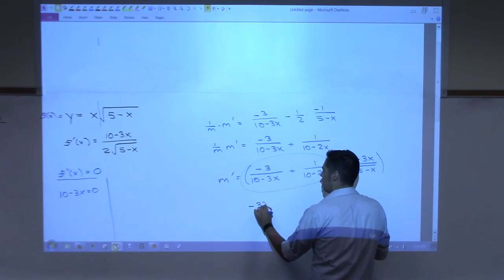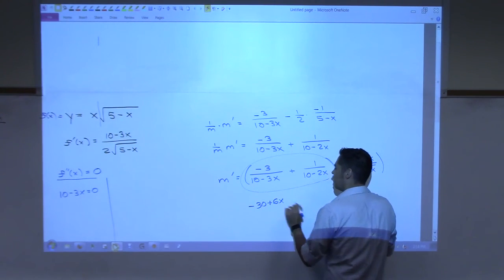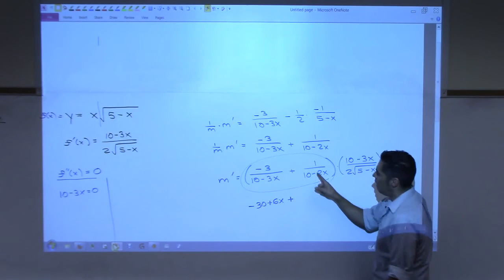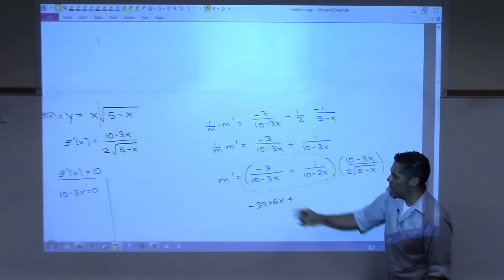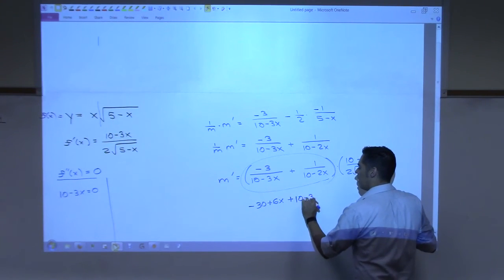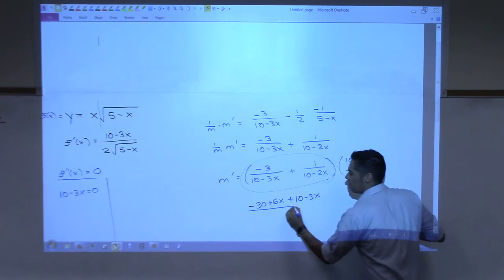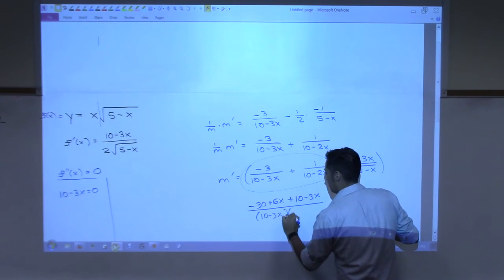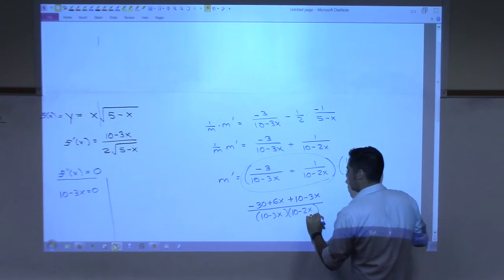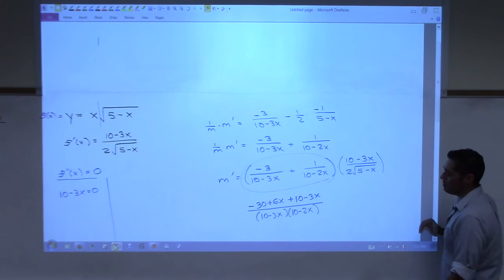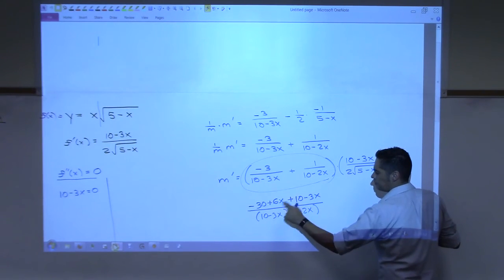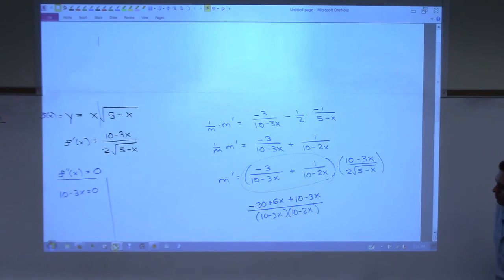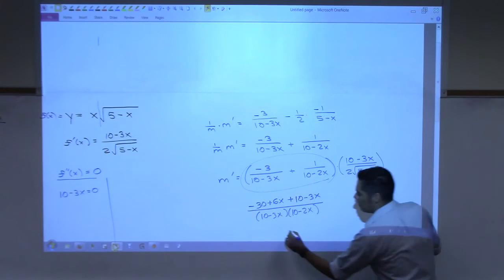Negative 30 plus 6x, plus, now what happens if I multiply 1 times that one? 10 minus 3x, over those things together, 10 minus 3x and then 10 minus 2x. And clean up that numerator. So this is 3x minus 20.